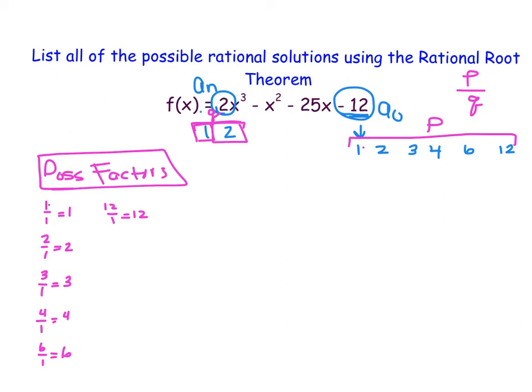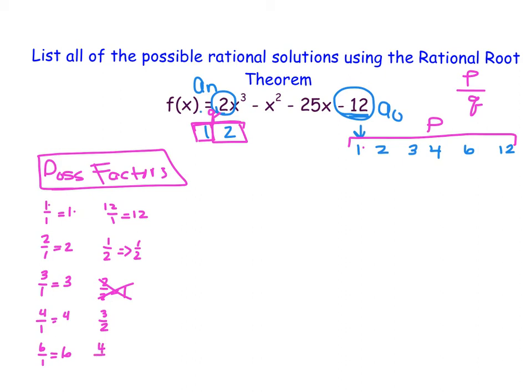So we go through all the p-values. 1 over 2 doesn't really simplify further. It's still 1 over 2. We then have 2 over 2, which is equal to 1, but I can already see that 1 is a value I already found, so we don't need to include that. I then have 3 over 2, but that one doesn't simplify further.